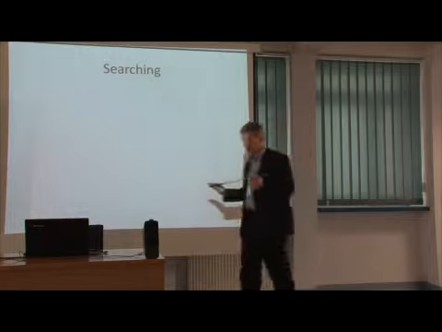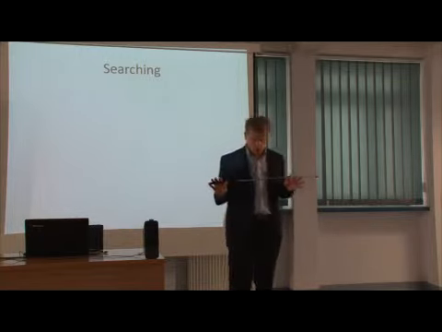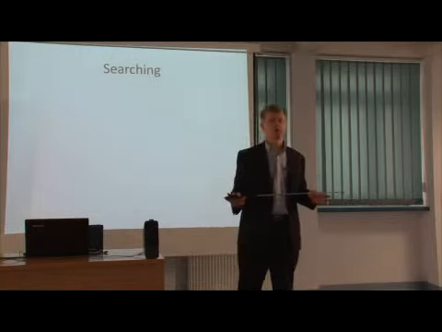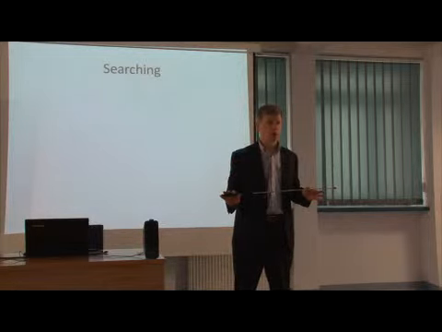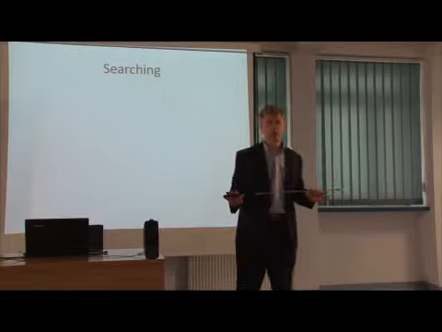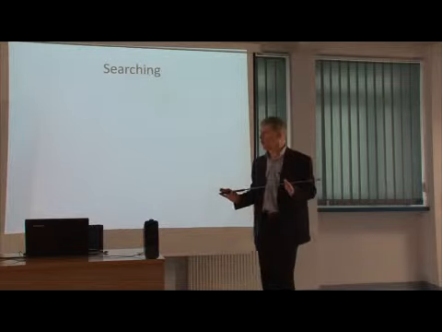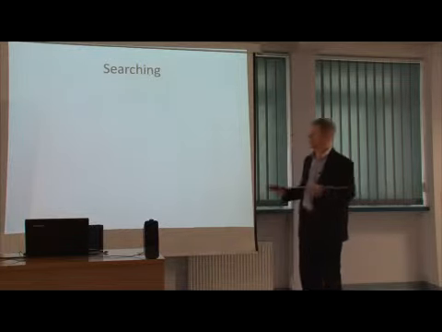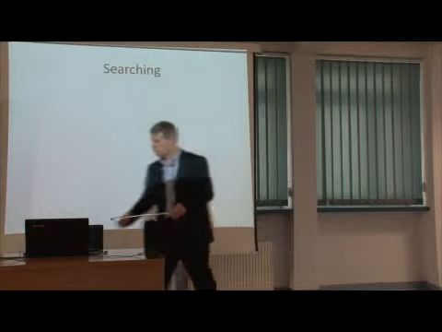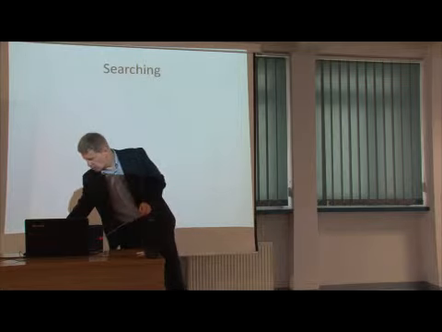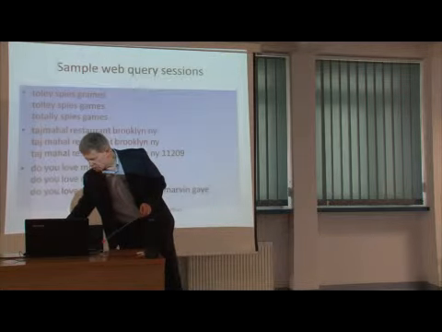So now, given that we know how documents can be represented in vector space, we have seen how queries can be done in the abstract. Let's talk a little bit about what happens with real search engines. So let's discuss searching using some of the real systems as an example.